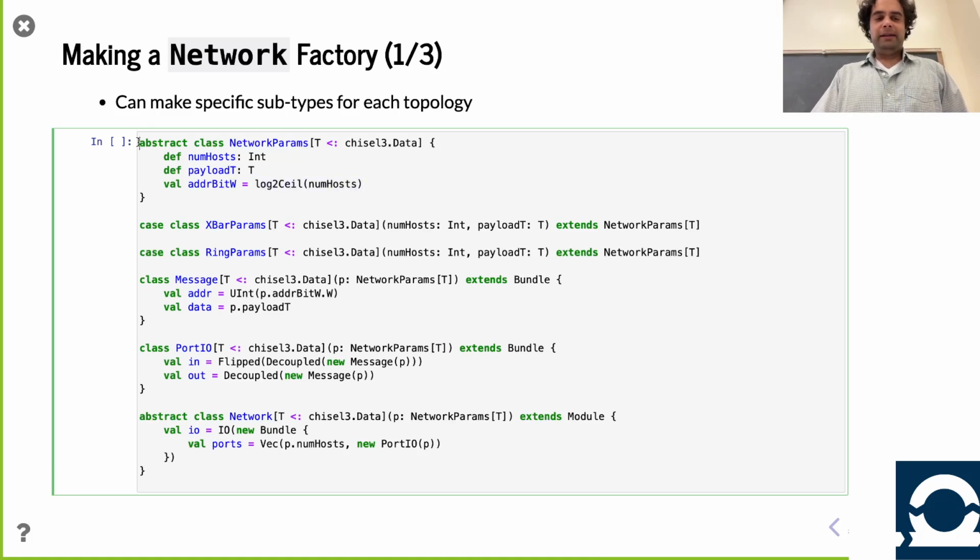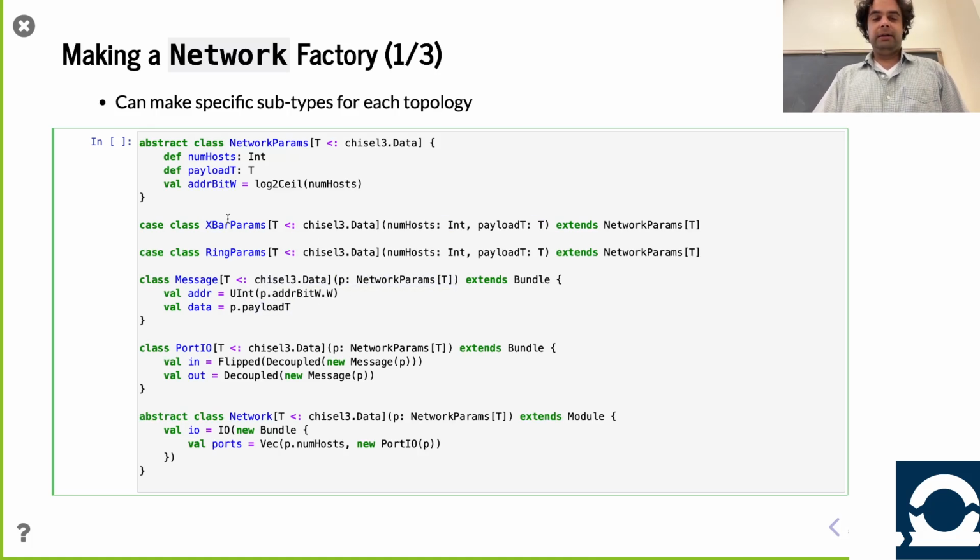But notice how we now made this an abstract class for parameters. And then we can have parameters for each of the network types. So for now, both the crossbar and the ring parameters extend this abstract class for parameters. They have the same fields. You can imagine maybe making new network topologies that have more specialized fields. That would totally be supported. So you can see how a lot of things take just network parameters and it works just fine.